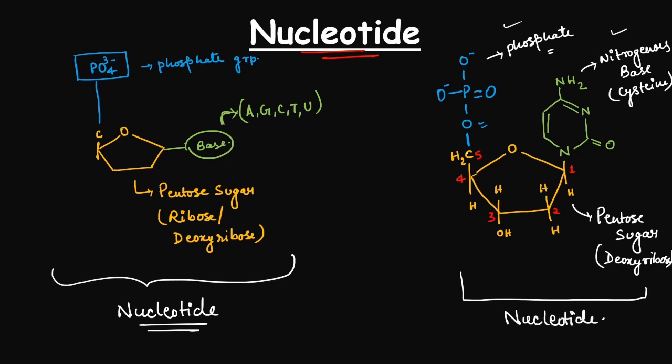So now see how important it is to learn the carbon numbering in case of pentose sugar. To the first carbon, the nitrogenous base is attached. The second carbon decides whether the sugar is deoxyribose or ribose sugar based on the presence or absence of a hydroxyl group. Then the third carbon is also bonded to a phosphate group that will be present in the next nucleotide. Fifth carbon is bonded to another oxygen of the phosphate group.